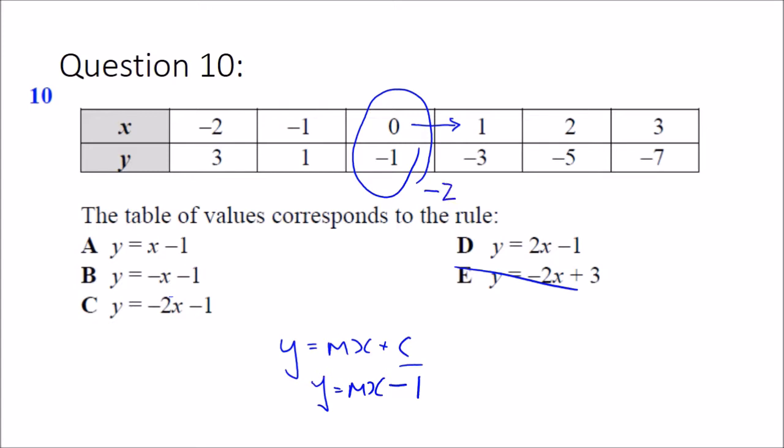So when we have a run of plus 1 going from 0 to 1, we've got a rise of negative 2, and so our gradient must equal negative 2 over 1, which is of course negative 2. So our equation is y equals minus 2x minus 1, and so our answer here has got to be C.